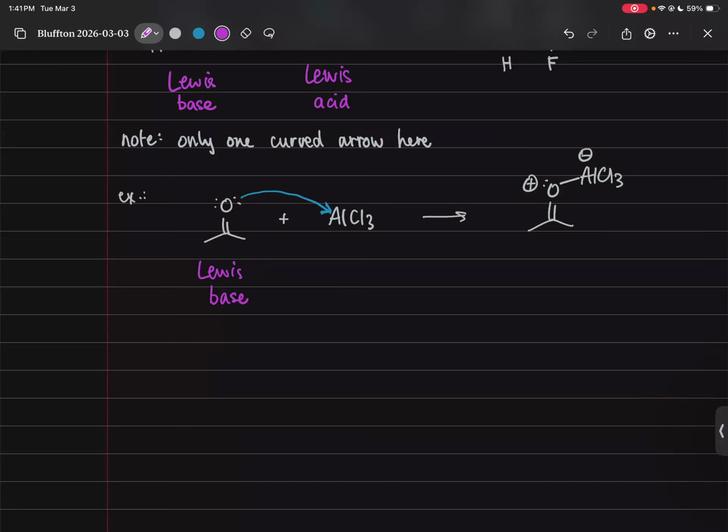When you think of acetone, I don't think you think of it being a base, right? Me neither. And aluminum trichloride is our Lewis acid.